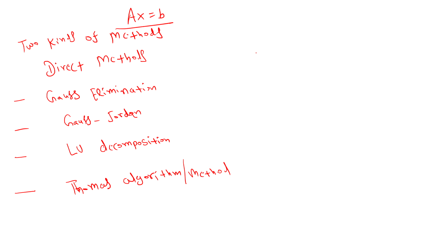The second type of method is called indirect methods, or iterative methods.